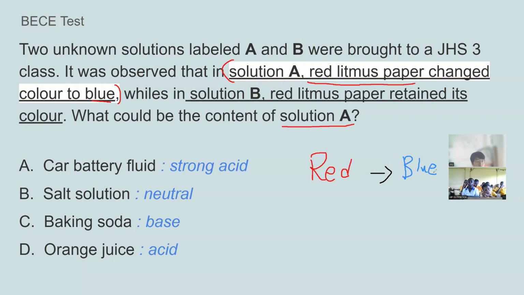So here, what could be the possible solution? Is it A, car battery fluid, which is a strong acid, B, salt solution, which is neutral, C, baking soda, which is a base, or D, orange juice, which is acid?